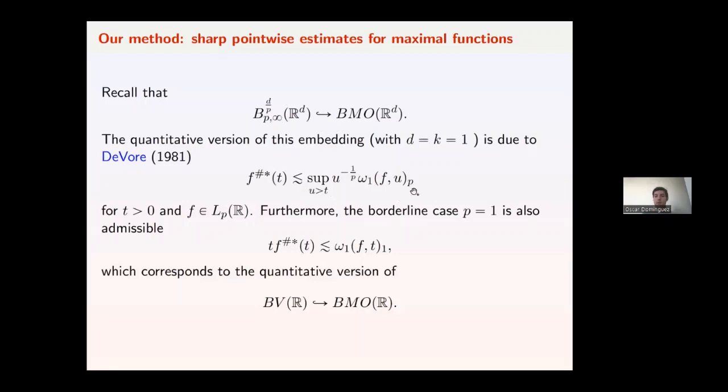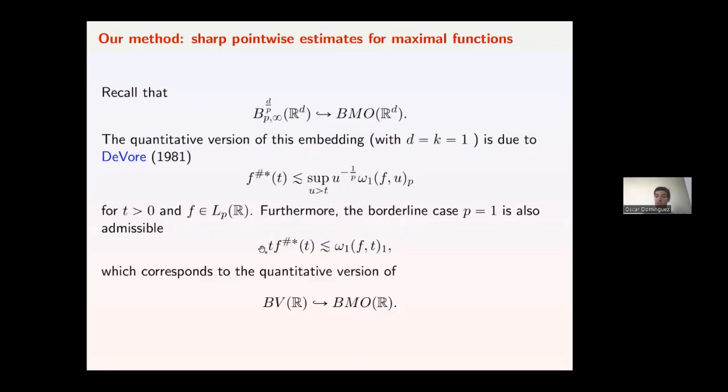And furthermore, this inequality also holds true in the borderline case when p is equal to 1. And in this case, you can go further and you can remove this sup on the right-hand side. But this is an immediate consequence of the fact that the moduli of smoothness is a quasi-concave function. So here, you get a better result if p is equal to 1.